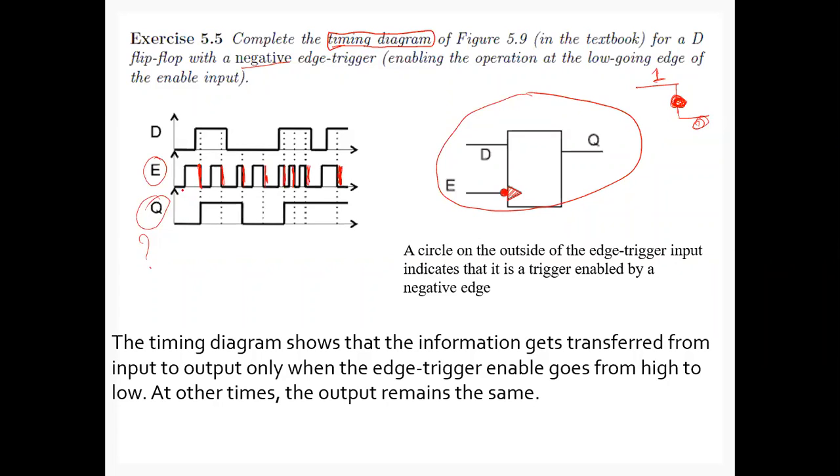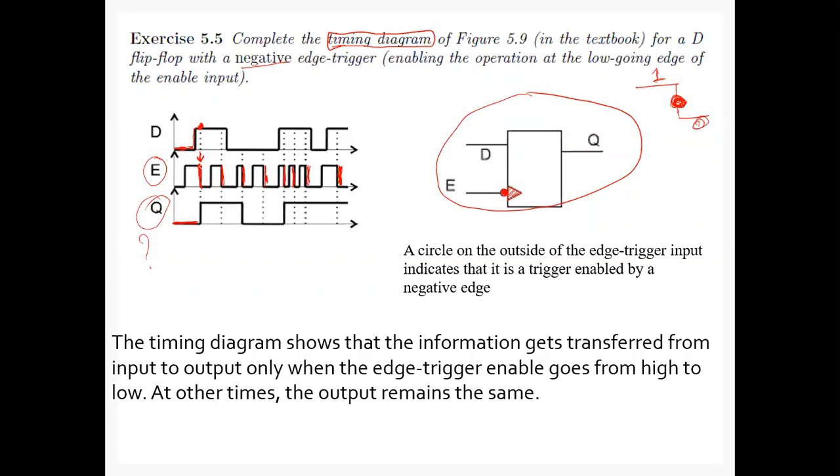Now the data is low in the beginning, so it remains low. Data is low, it remains low. Now right here, right at this point, there is a transition from high to low.